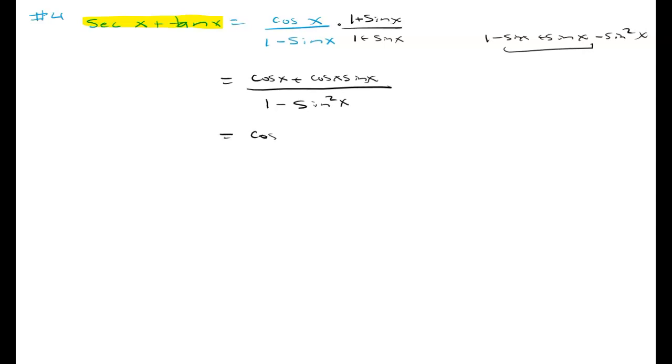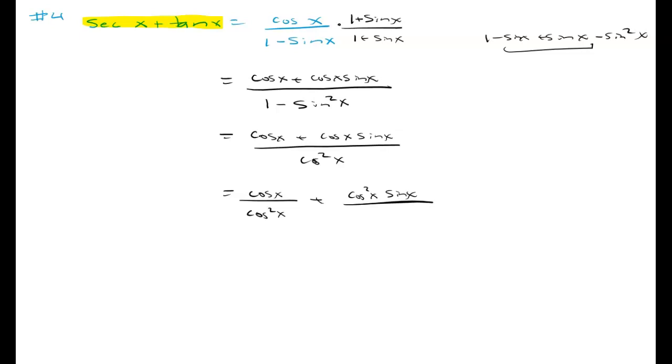The denominator then is going to become cosine squared of x. I see that it's not written as a fraction, so I'm going to break up my fractions. So I'm going to put cosine squared into the denominator of both. I just realized I wrote squared here, which it should not be.